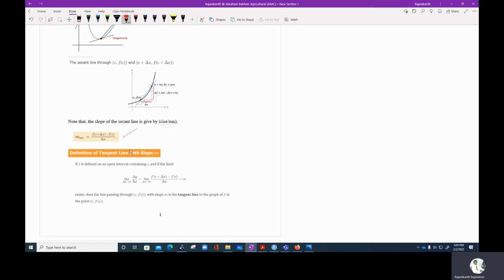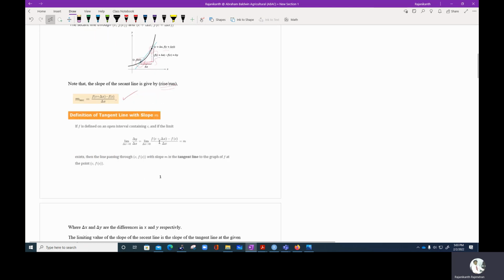The slope formula. Now, how can I use this slope formula to find the limiting slope value of the secant line? That is called the tangent line then. So if f is defined on an open interval containing c, the limiting value of the secant line is given by this expression.